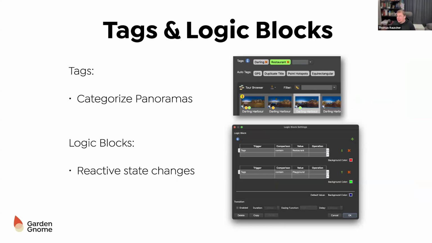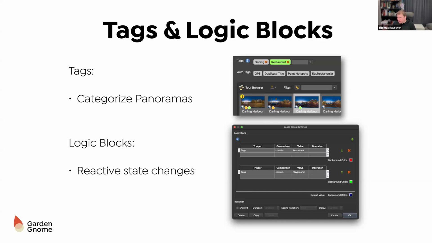Another concept that we use, and I haven't shown you in this short introduction, is tags and logic blocks. Those things come in really useful if you build larger tours. With tags, you can attach multiple tags to each node.